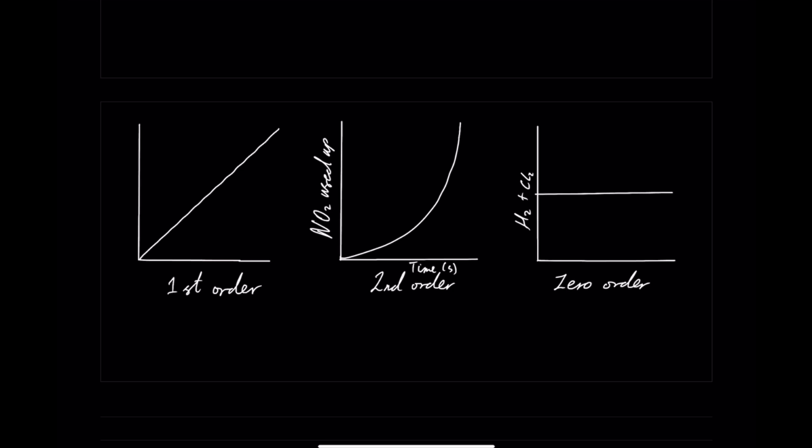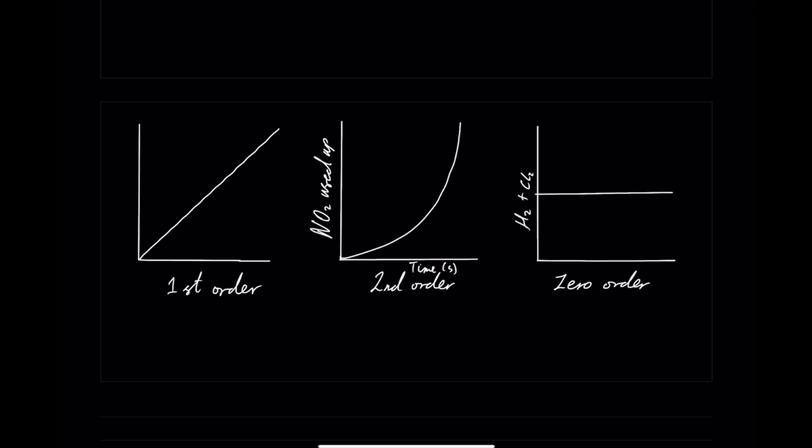That graph would represent something of first order or second order, for example. Let's just say second order. Now that I know this graph represents second order, and the example given is for this type of reaction, I can use that information to help me answer the rest of the question. So it's very important that you understand what these graphs represent.